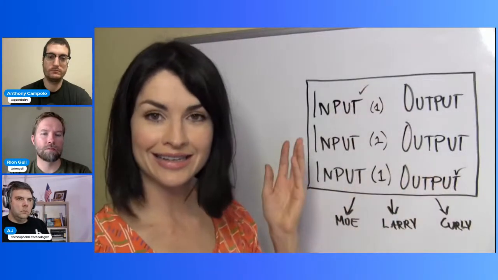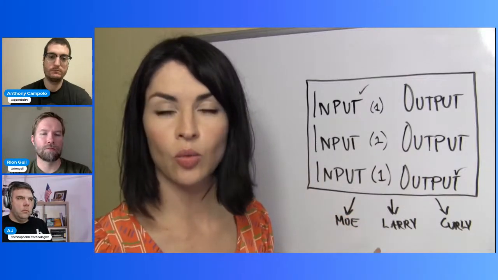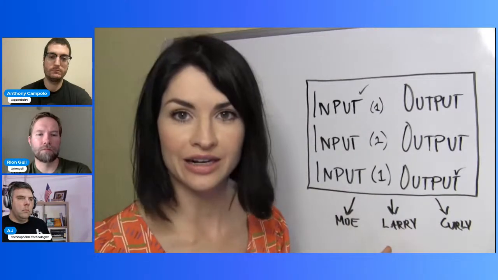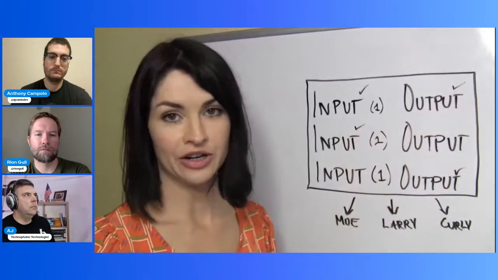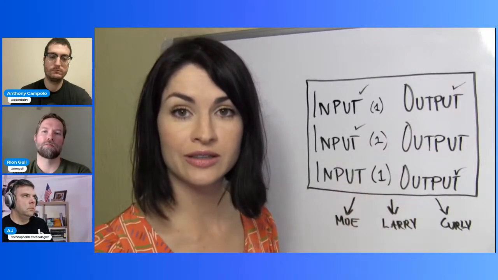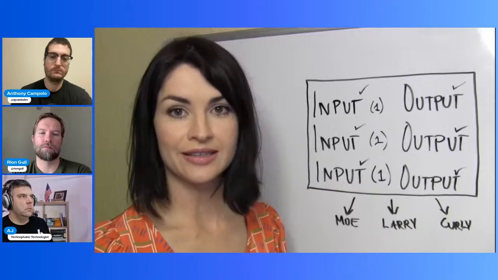Mo will see that his input and output are correct, check, though he doesn't know which addresses belong to which of his mixing partners. Again, that's the point. Larry's wallet will see that his submitted input and output are both correctly recorded in this transaction. And Curly's wallet will see the same.